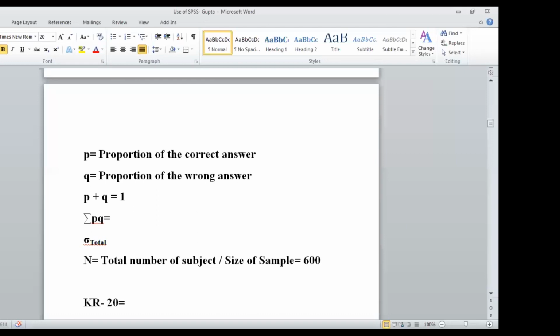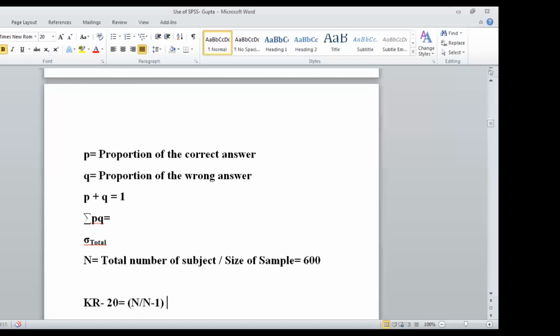Now this KR20, when you are finding out, then you should have, I think there is a problem because when I write, it is n divided by n minus 1.